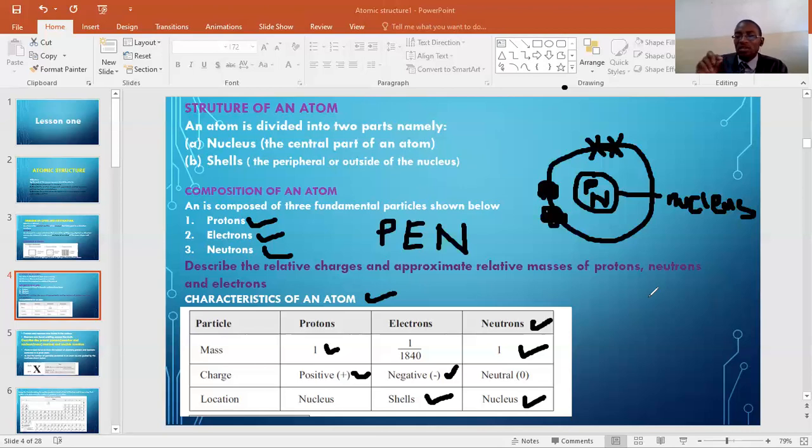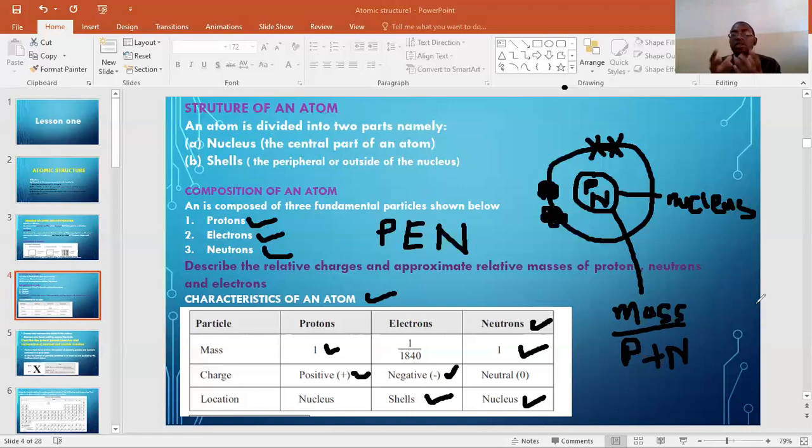The mass of an atom is found at the central part of an atom, meaning what makes the mass of an atom is the addition of the proton and the neutron. So very soon we're going to look at the mass number or the nucleon number, and see how we calculate the proton number, the neutron number, and the electron number.